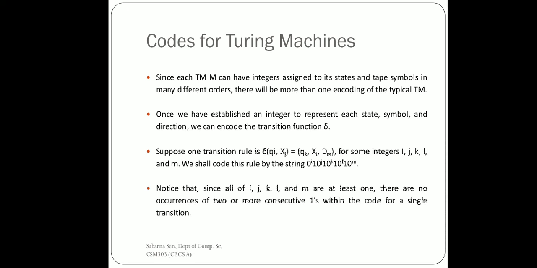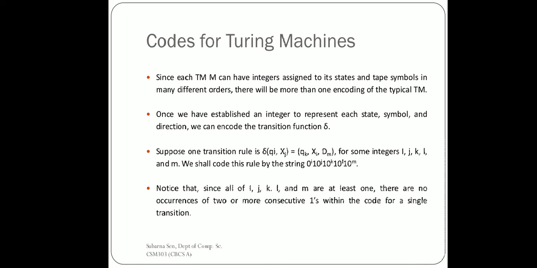Why integers? Say we use states like q1, q2, q3, q4, q5, so i will be some value like 1, 2, 3. Similarly for the x variables we use 1, 2, 3, so x1 may be replaced by x2. And d_m will be either 1 or 2, since d1 denotes left and d2 denotes right.